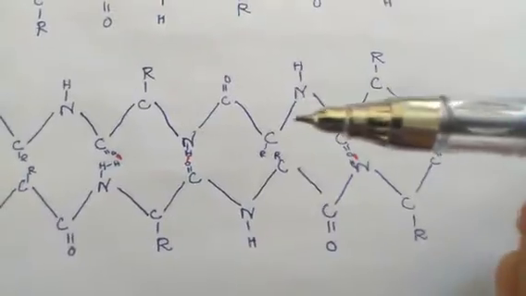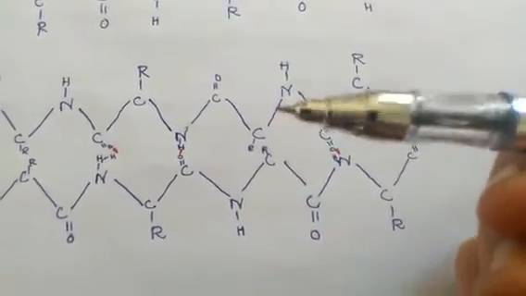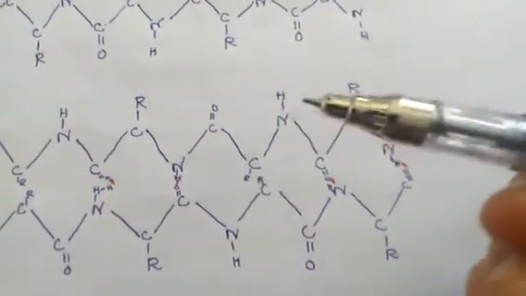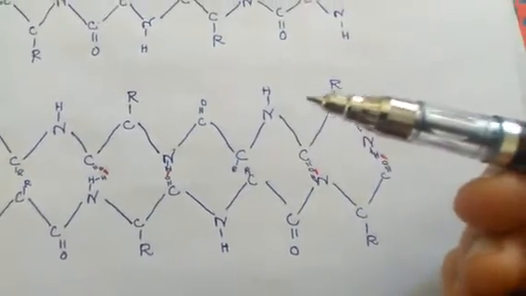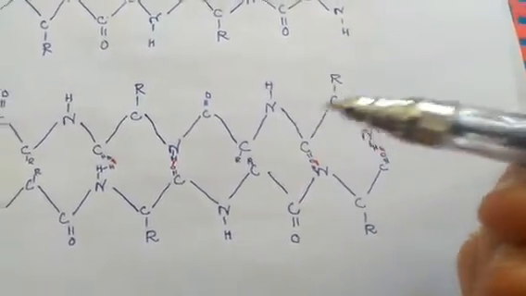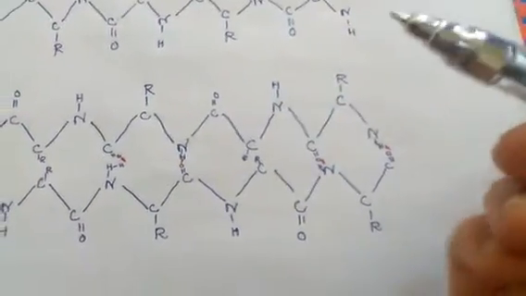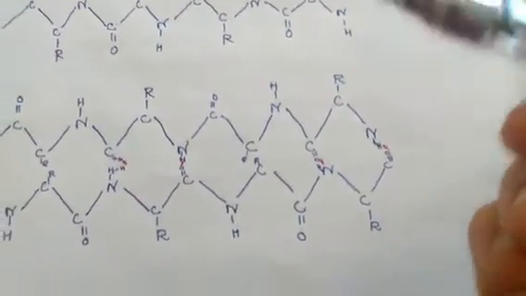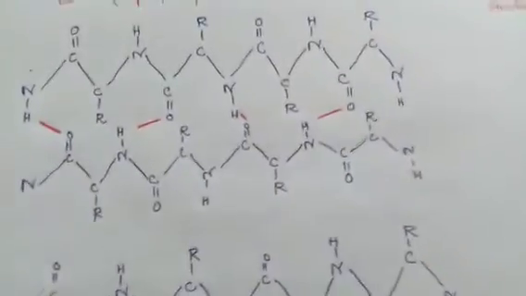Let me also tell you that this anti-parallel pattern is found in silk fibroin, which has a repeated sequence of 6 residues.